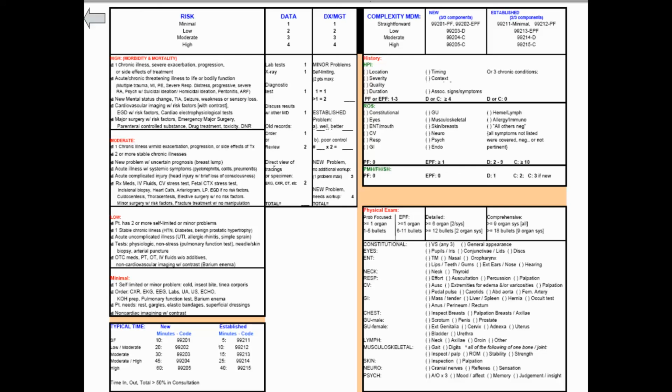And because you've documented in your note that you're worried about little Jimmy being septic, and that you're worried about either progression of this to morbidity, some type of morbidity, or risk to his well-being, it now becomes high risk.